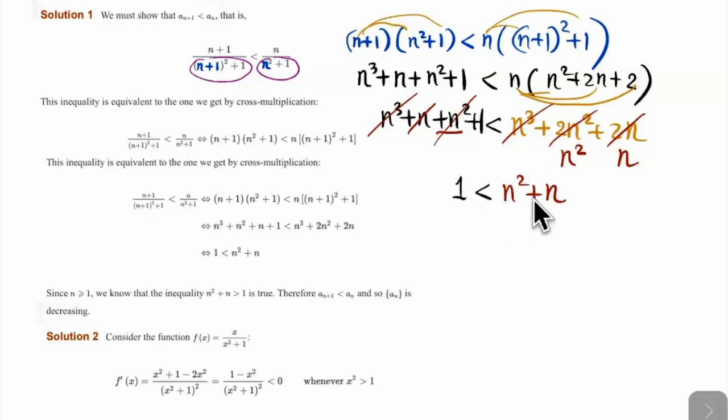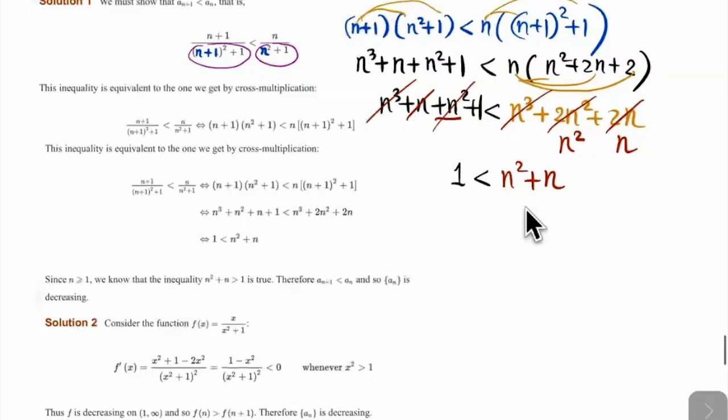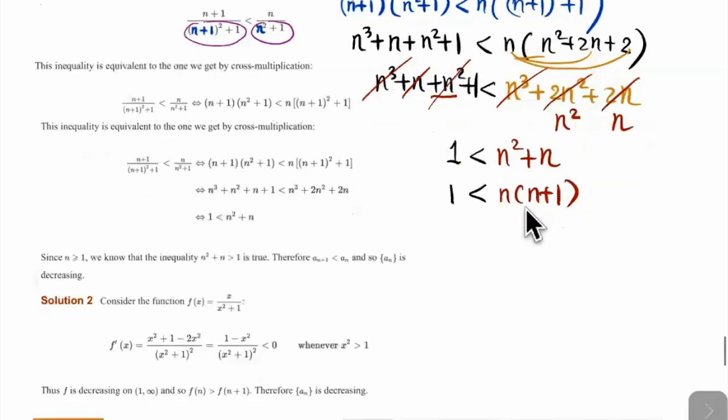But how do you know this is greater than 1? We can actually factor this. It's the same as n times n plus 1, right? How do we know this is greater than 1? What do you know about n? n is 1, 2, 3, 4, etc. So what's the smallest n you can get? 1.